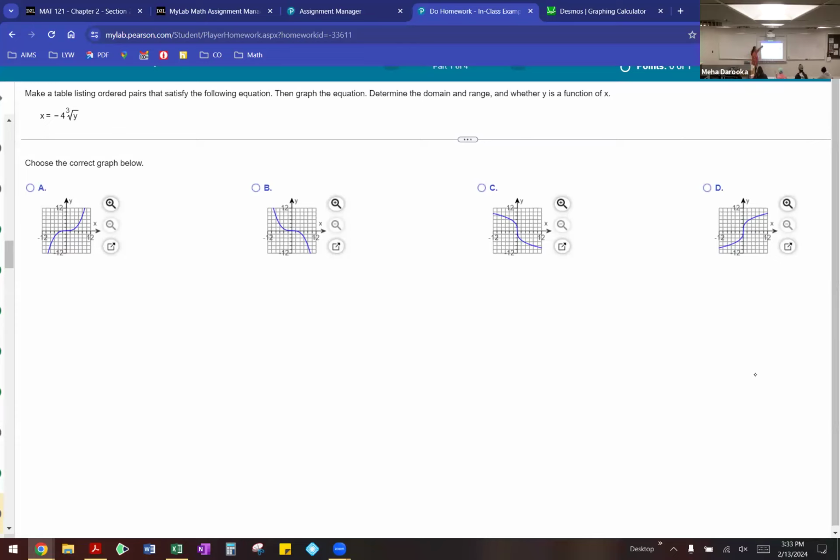So that -4 is the coefficient in front of the cube root of y function. So this one actually is written backwards, right? Instead of y equals something, this is given to you as x equals. How do you select your graph? A, B, C, or D, what would you do to figure out what the graph for this is?